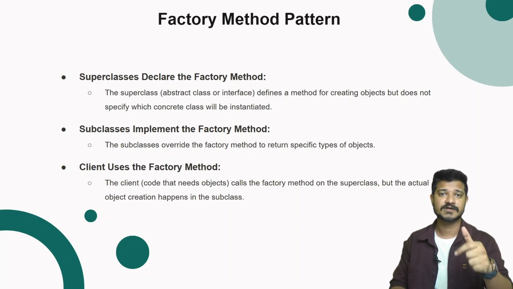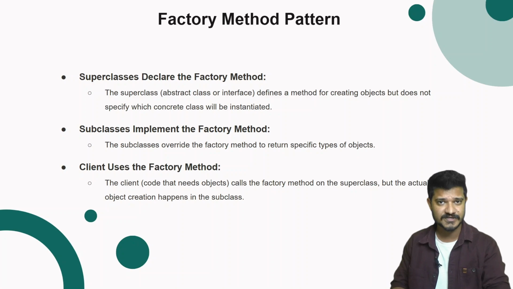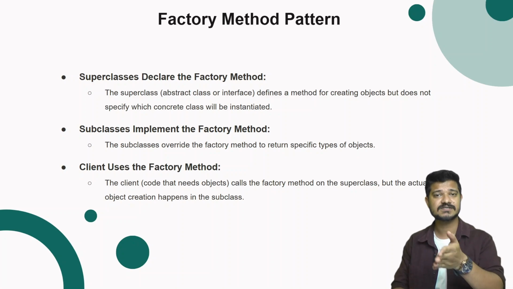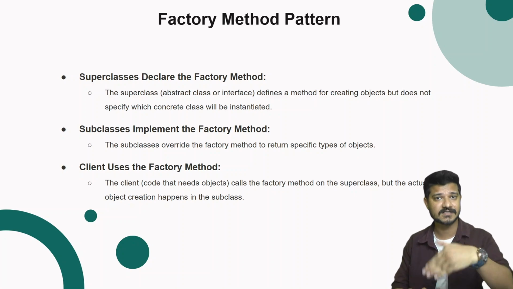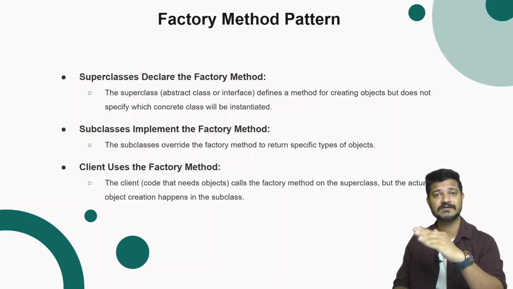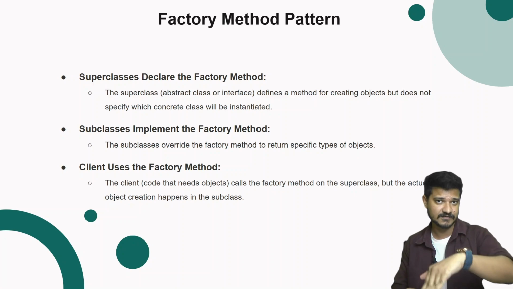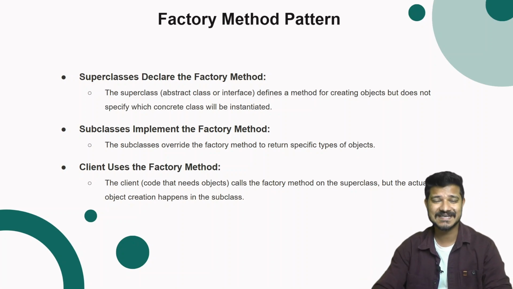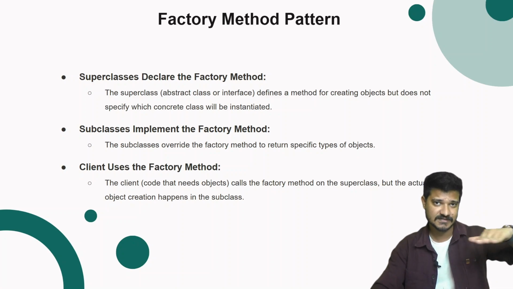If the responsibility of creating a new object was with the library itself, then in my code I could have just directly called a method to get the object. So if any changes are made in the library, it won't affect my code. I'll explain that with an example. That is very important. What it does is delegate the process of creating a new object back to the classes themselves.